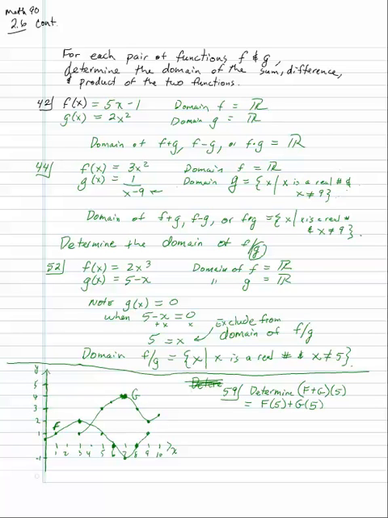Now remember, this f of 5 is the y value when x equals 5. So I go to x equals 5, and I go to the f function, which is right here, and that is 1. Go back to 5 on the x, go up to the g function. The y value there is 3, so 1 plus 3 equals 4.